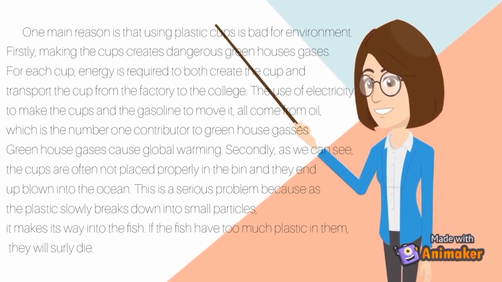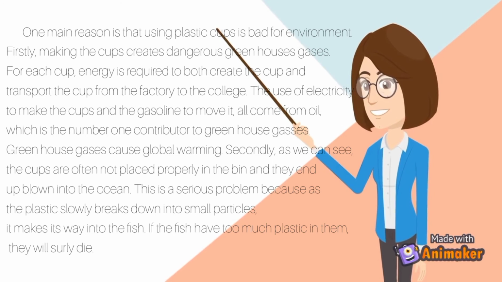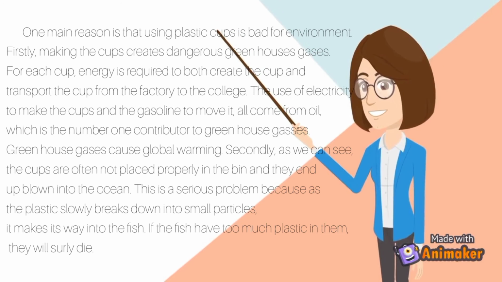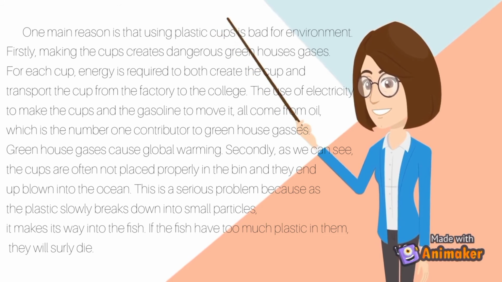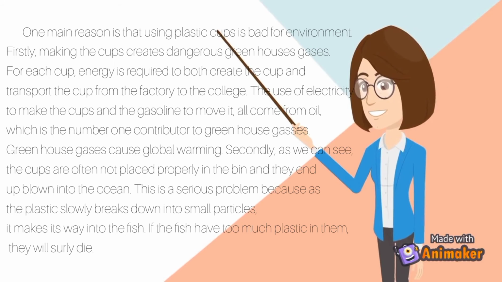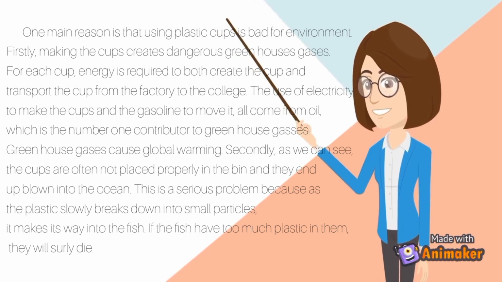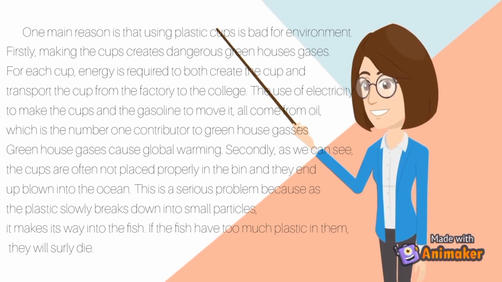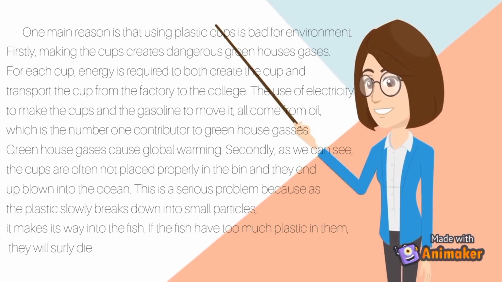So we move on. Secondly, in other words, the second reason why cups are bad for the environment. Secondly, as we can see, the cups are often not placed in the bin and they end up blown into the ocean, and this is a serious problem because as the plastic slowly breaks down into small particles, it makes its way into the fish. If the fish have too much plastic in them, they will shortly die.